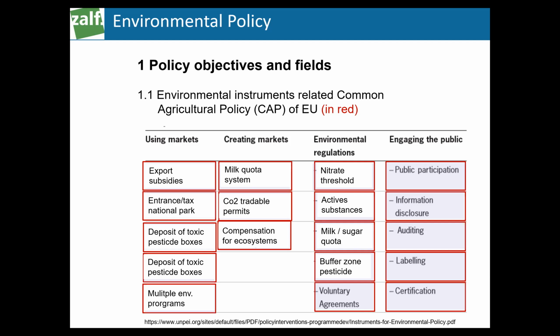Then zoning, where we have certain sensitive regions in terms of water, for example, where it is not possible to apply pesticides. And the voluntary agreements, such as agri-environmental schemes, in which farmers would like to participate, as one example.